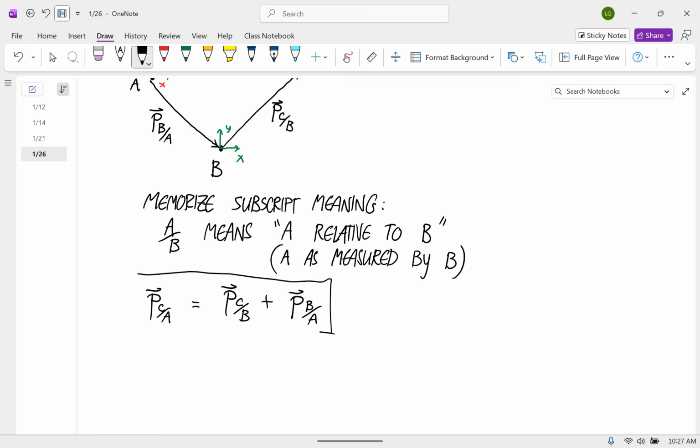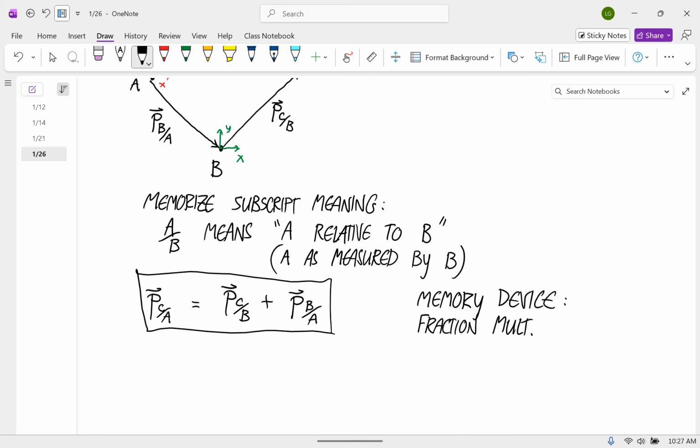Here's the memory device to check whether you have them in the right order. Think of fraction multiplication of the subscripts. That equation has to hold, or you have them in the wrong order.